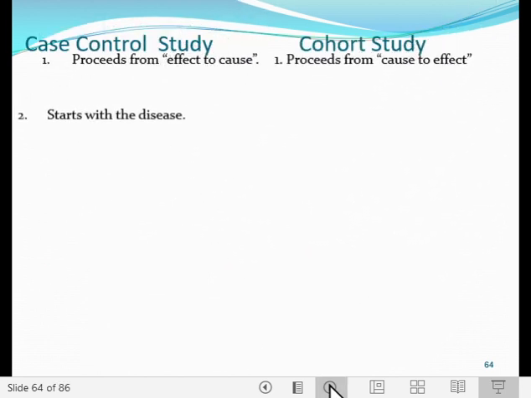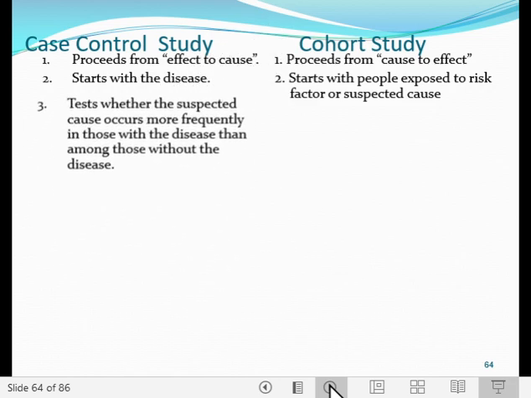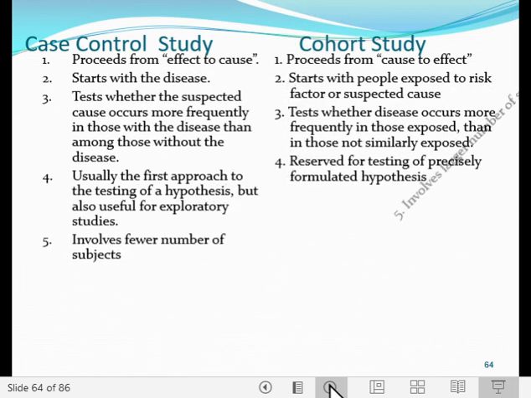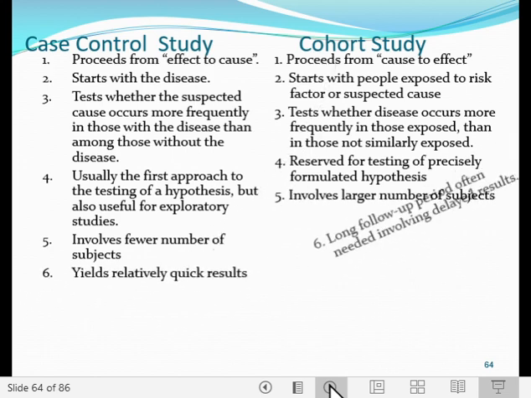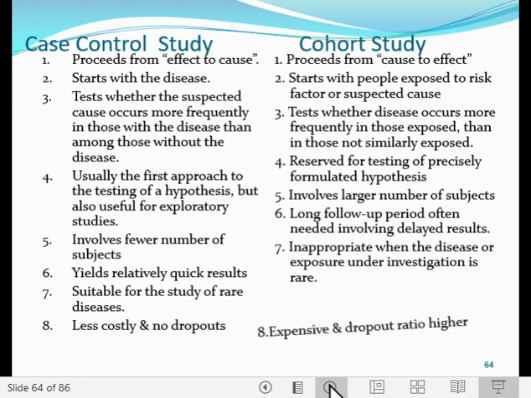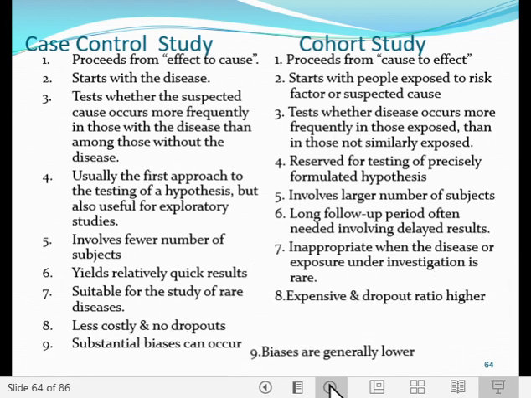Now, just to compare the difference between case control and cohort study. Case control study proceeds from effect to the cause, while cohort study proceeds from the cause to the effect. In case control study, the disease has already occurred when you start the study, while cohort study starts with the people who are exposed to the risk factor or suspected cause, and you wait for the disease to occur.